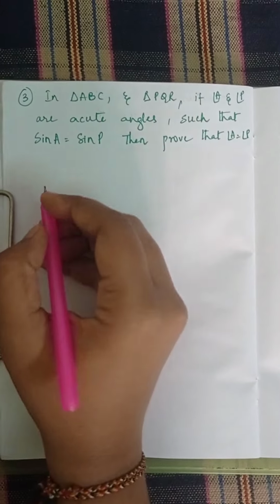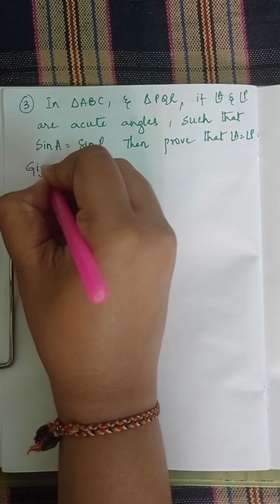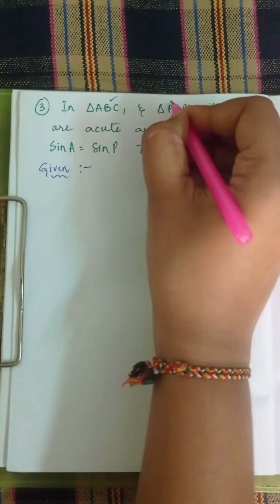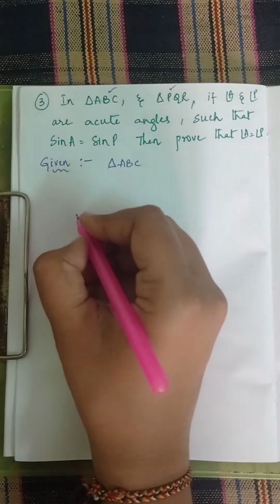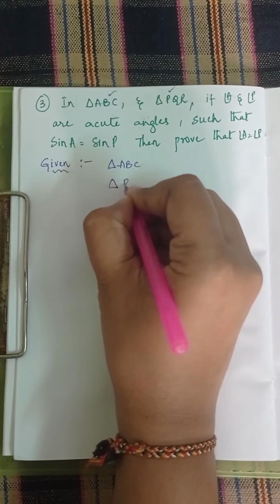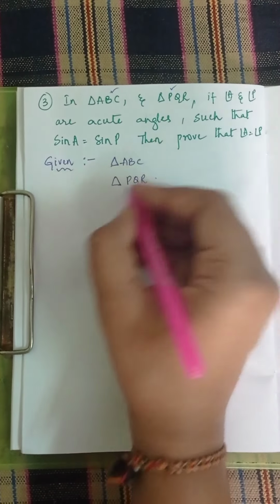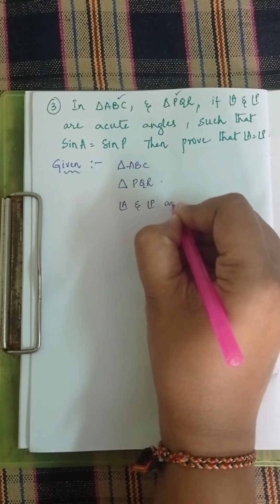So we'll start with the given. What they have given in the question, they have given two triangles, right? Triangle ABC and triangle PQR, right? And next, angle A and angle P are acute angles, right?